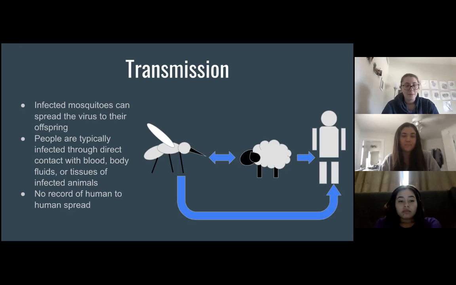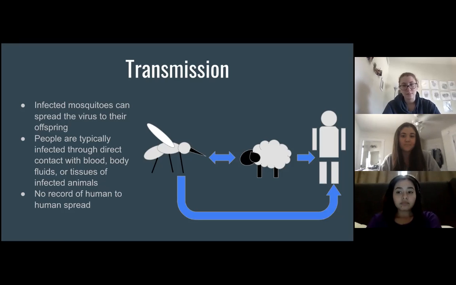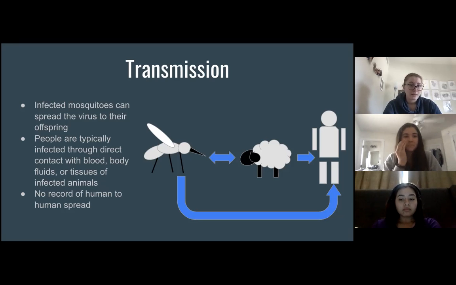So that's one way that the mosquitoes can be infected. They can also be infected from infected animals, usually livestock. They're also responsible for spreading it to the livestock as well as sometimes humans, but the spread is usually more commonly seen with the livestock.